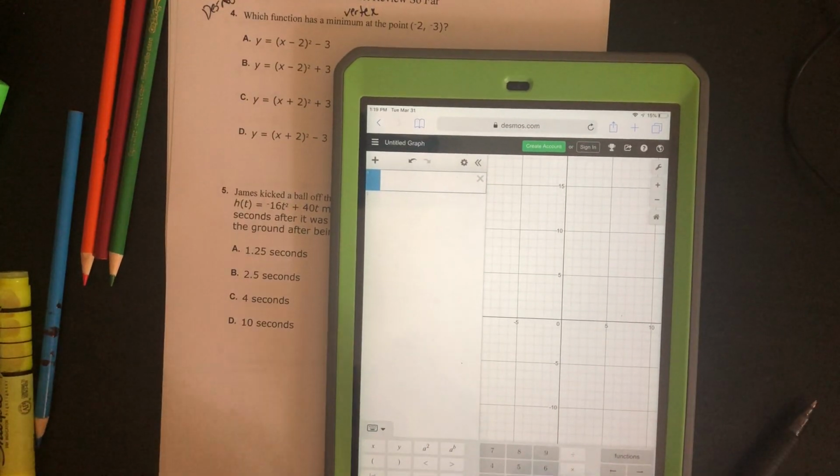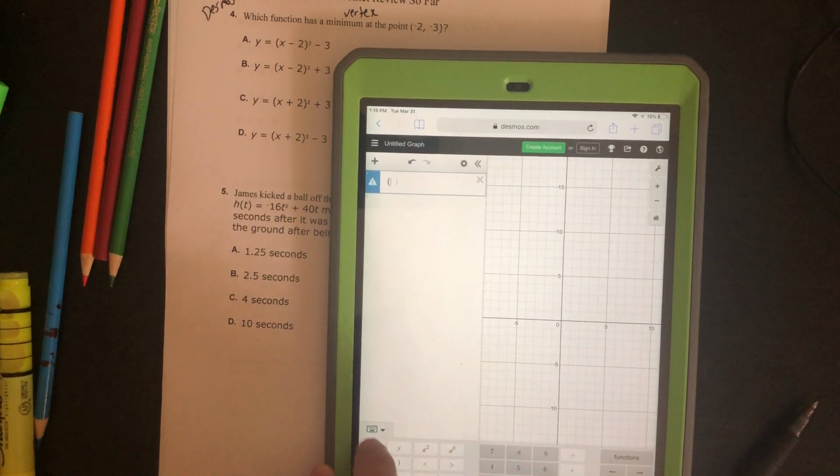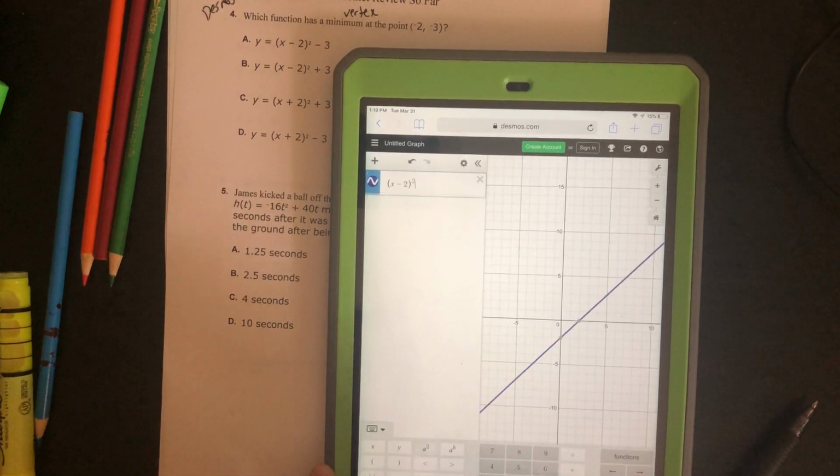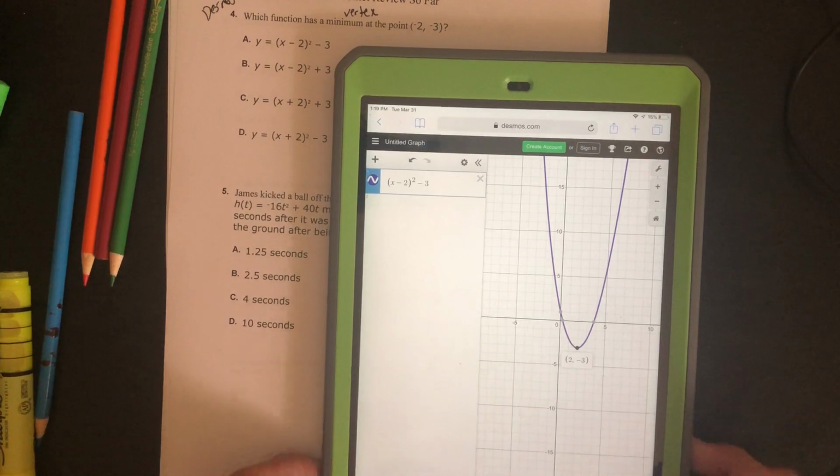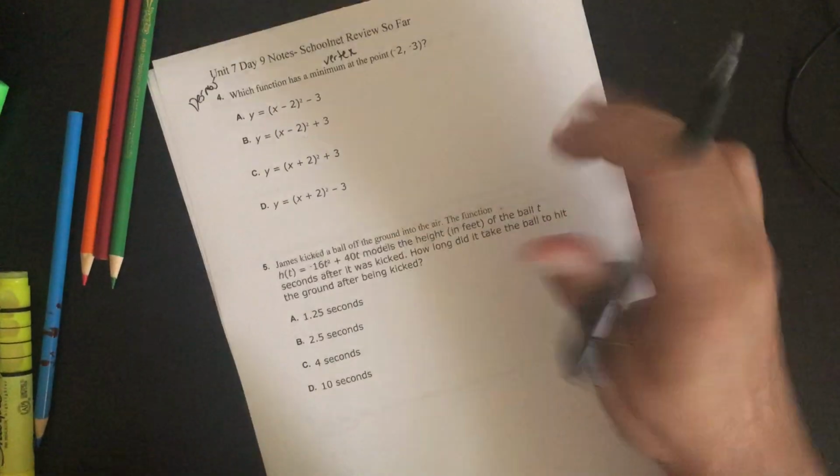Answer choice A, we have (x - 2) squared minus 3. If you click your vertex, you get 2, -3.